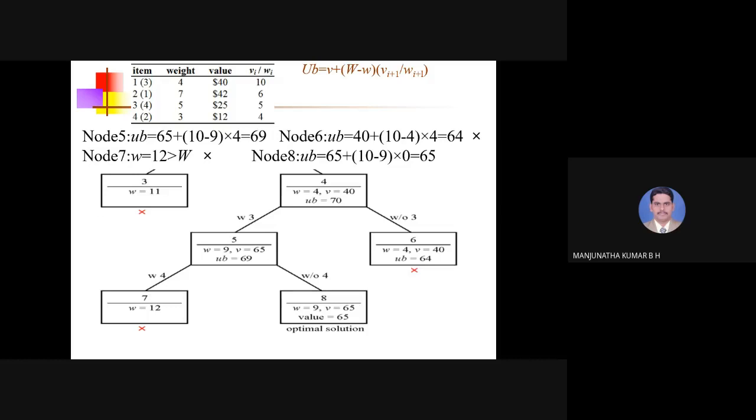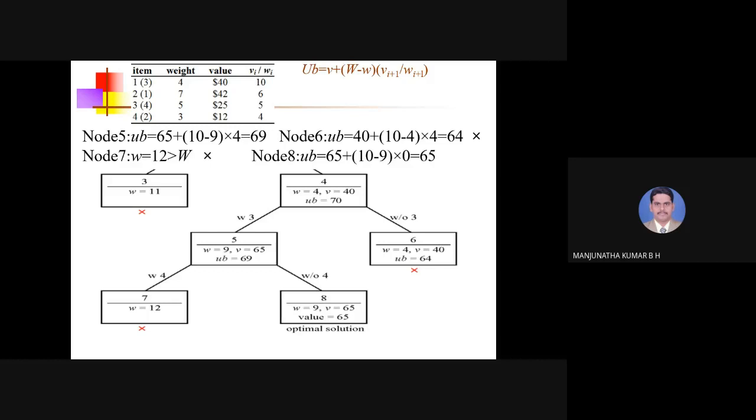What is the upper bound of node 6? Calculate: 40 plus 10, the maximum capacity, minus weight 4, into the profit weight ratio of the next item, the fourth item. What is the value of this equation? 64. So it is 64 now.